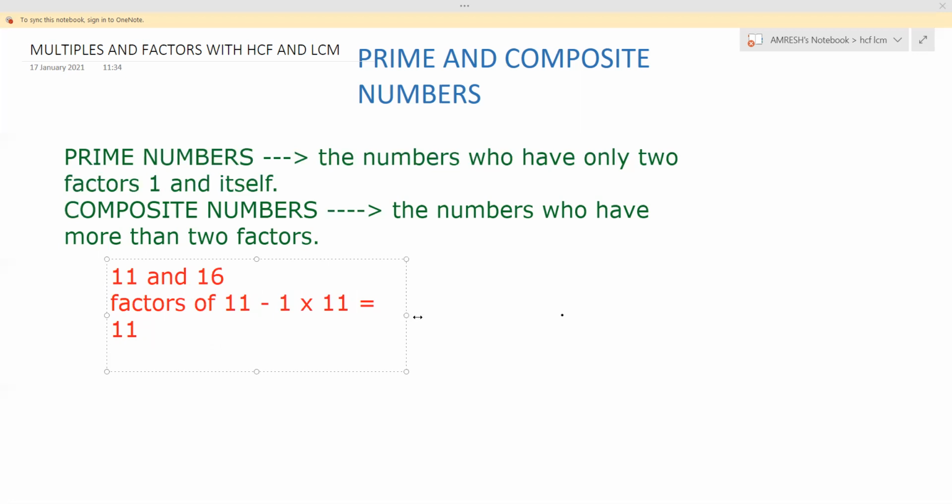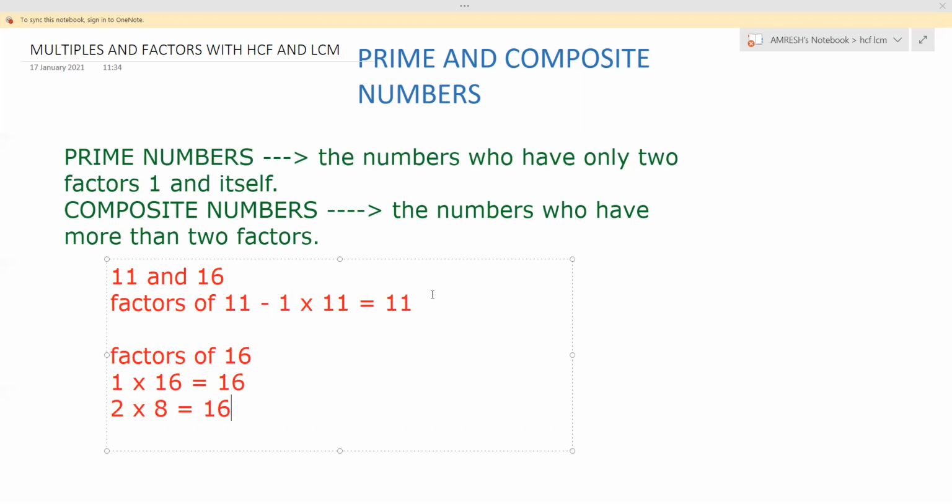And factors of 16: 1 sixteen is 16, 2 eights are 16, and 4 fours are 16.